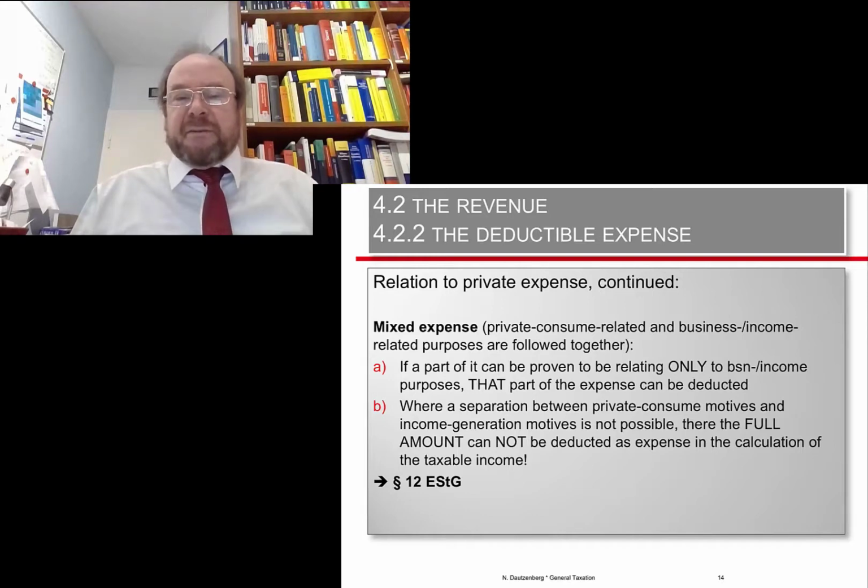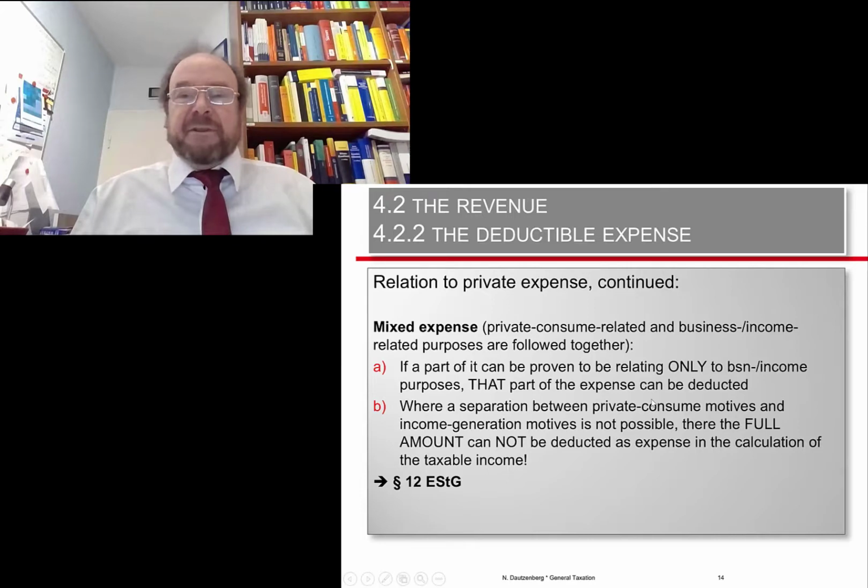So the question, the counter test is always if there is a private consumer-related aspect mixed in the expense, and naturally, if it is an aspect which really might matter. So absolutely immaterial aspects do not count.